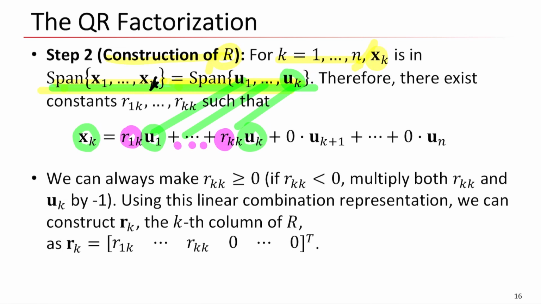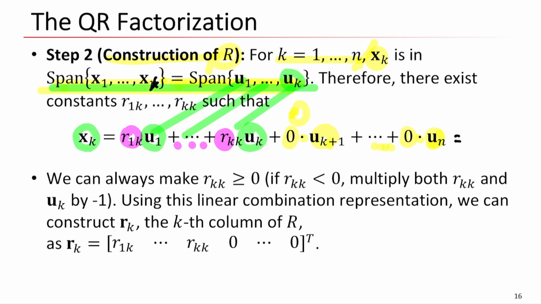To make this formulation general, there is no value beyond uk, but we can think of it as 0 times uk+1, and so on, up to 0 times un, right?